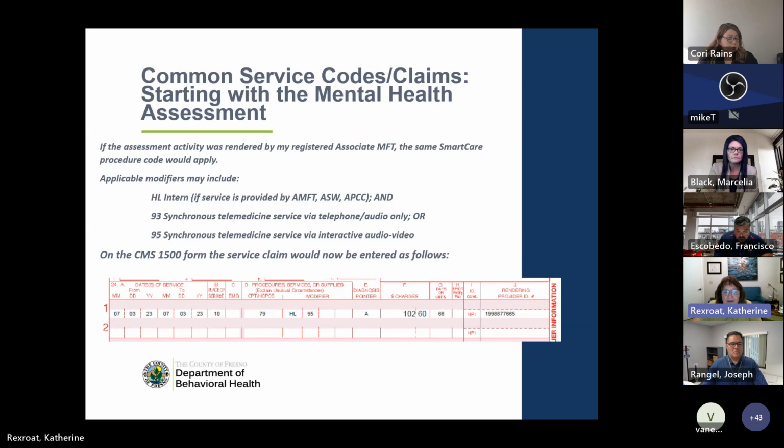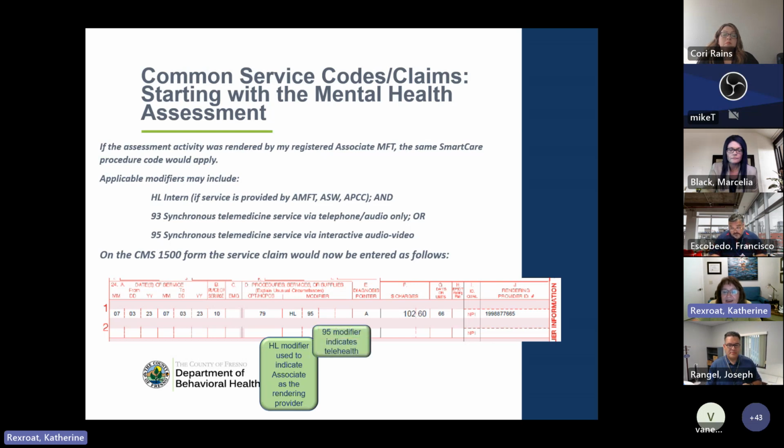And because this was done outside of my office via telehealth, I will be using a modifier to indicate the telehealth service. So again, it's still going to be one line on my CMS 1500 form, but now I'm adding the HL modifier to indicate the associate was the rendering provider.